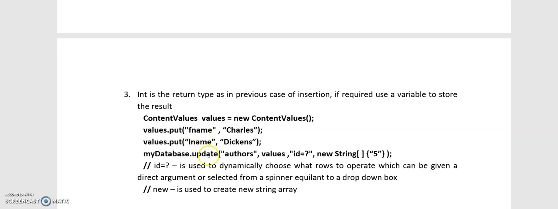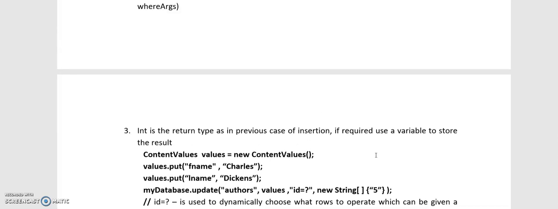And then you have to update, using a function called update on authors with the values. Now, where do you have to update? That has to be passed as an argument like this, where your ID is referred to as 5. So here it means whatever value existed at ID 5 will be replaced with Charles Dickens.